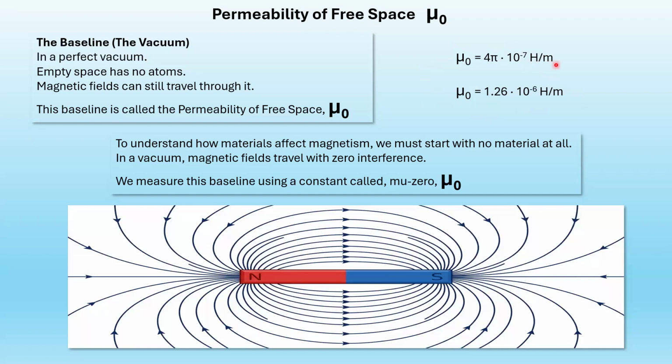Notice the unit of the permeability is henries per meter. I'm not going to derive where the 4 pi comes from, but you might want to write it down, remember this, or know where to look for it in the future. The permeability of free space, which is our baseline, our reference point, is 1.26 times 10 to the negative 6 henries per meter.